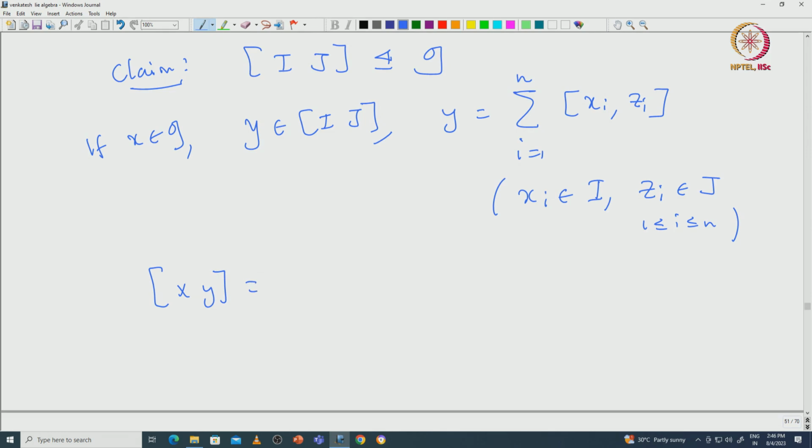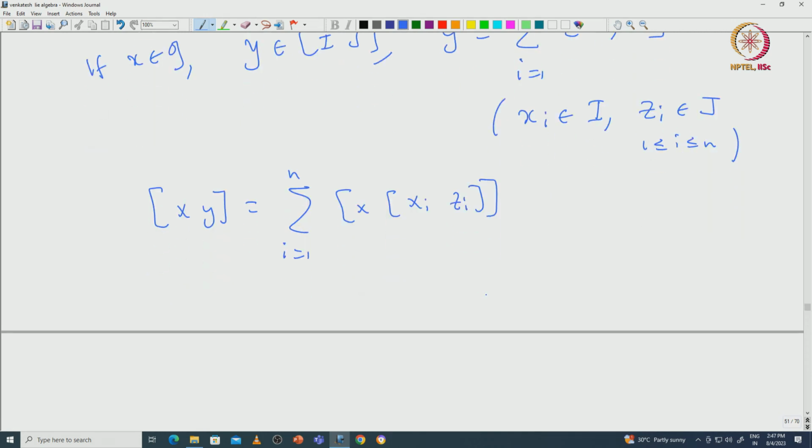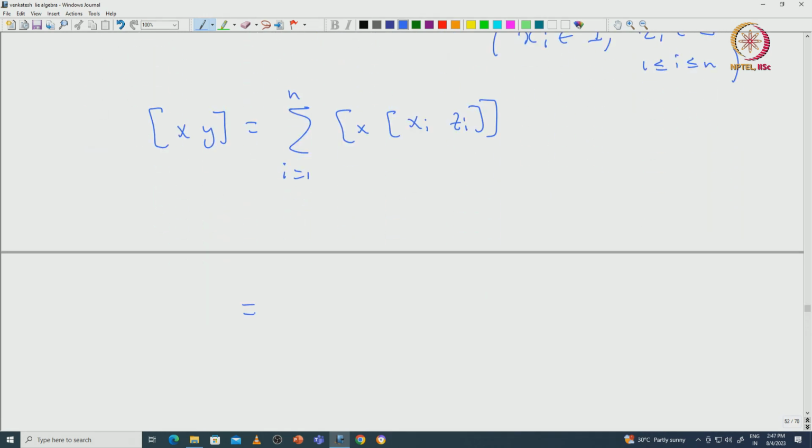The bracket [x, y] is nothing but the summation, i ranging from 1 to n, of [x, [x_i, z_i]]. But now you can see that, using the Jacobi identity, this is the summation of [[x, x_i], z_i] plus [x_i, [x, z_i]].